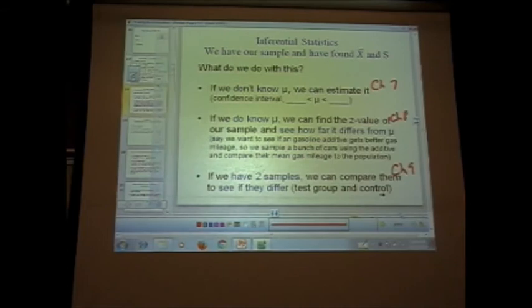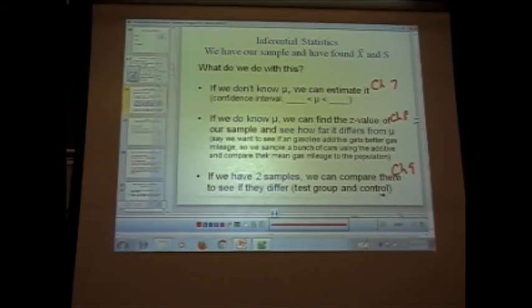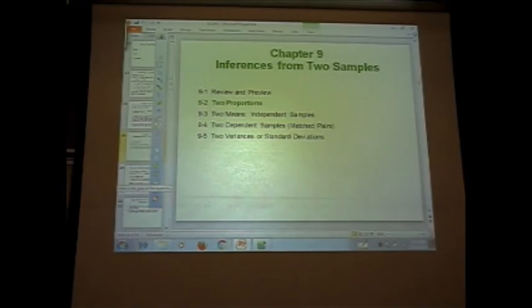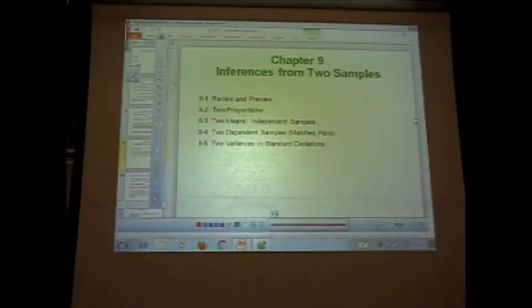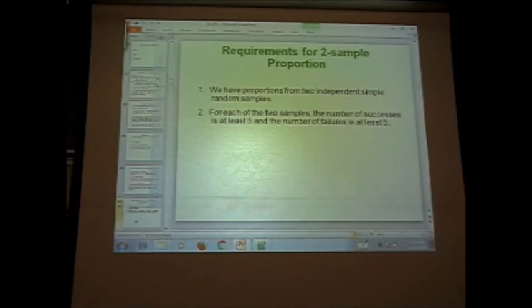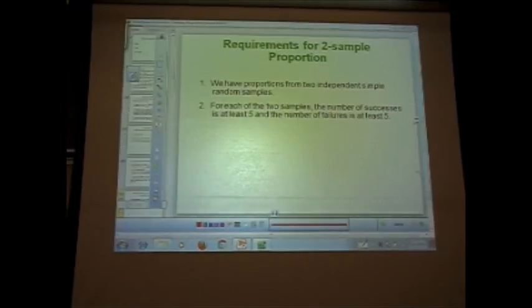Good. All right, so we're going to be looking at chapter 9 now, which is having 2 samples and comparing them. So everybody grab out your notes for chapter 9 that you just got today. And first we're going to look at two sample proportions.